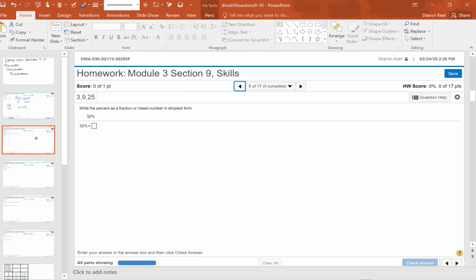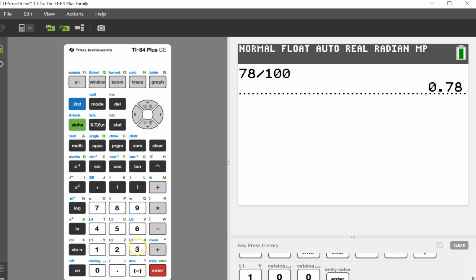Here we have 32%, and they ask us to write the percent as a fraction or a mixed number in simplest form. So again, we have 32. We're going to divide that by 100. So as we're using our calculator and we do 32 divided by 100, it gives us a decimal answer, 0.32.